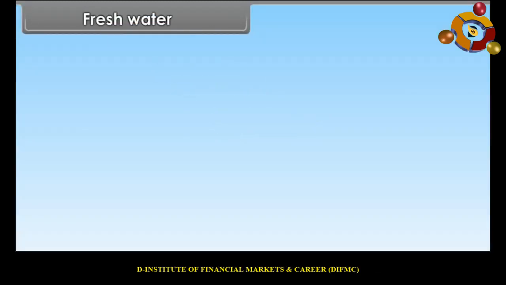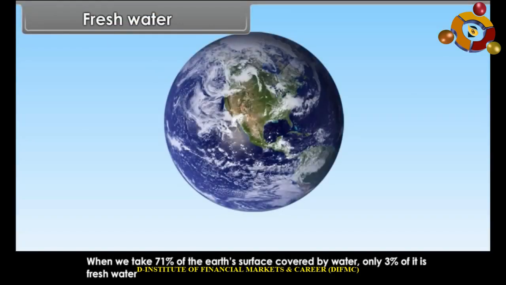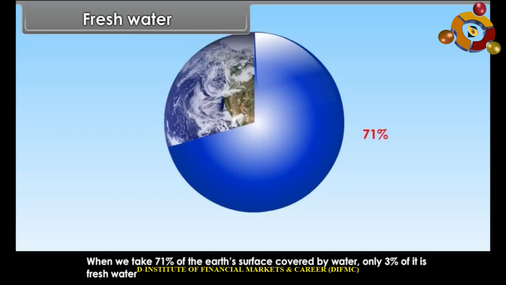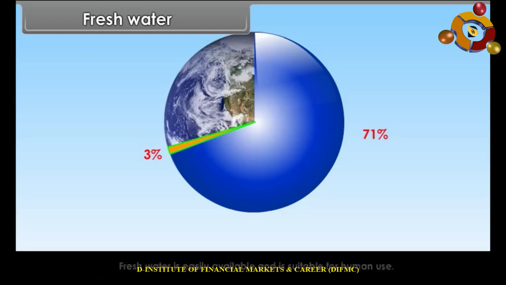Fresh water. When we take 71% of the Earth's surface, which is covered by water, only 3% of it is fresh water. Fresh water is easily available and is suitable for human use.